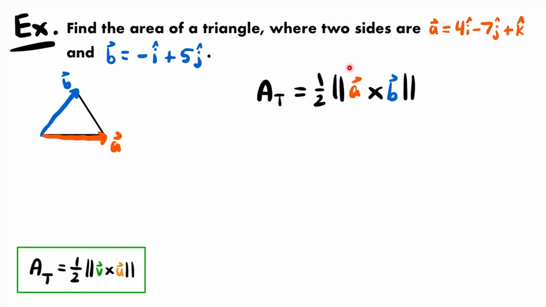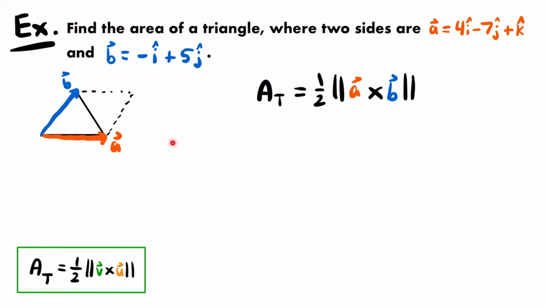But to get back to this formula here, the reason why 1/2 of the magnitude of this cross product is the area of this triangle is because this triangle would be 1/2 of a parallelogram, right? You can imagine that we could have a full-on parallelogram here, and the other half of it is exactly the same size as this triangle that we want to find the area of.